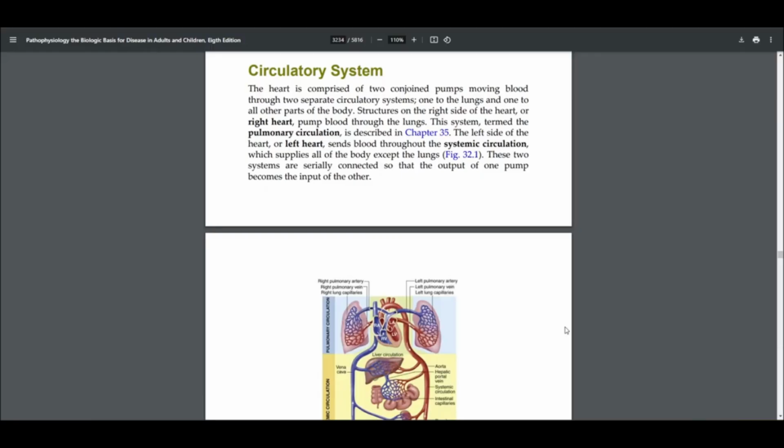This system, termed the pulmonary circulation, is described in Chapter 35. The left side of the heart, or left heart, sends blood throughout the systemic circulation, which supplies all of the body except the lungs. These two systems are serially connected so that the output of one pump becomes the input of the other.